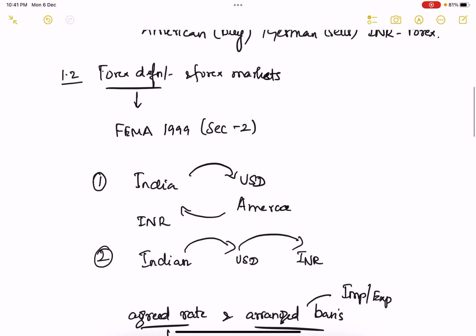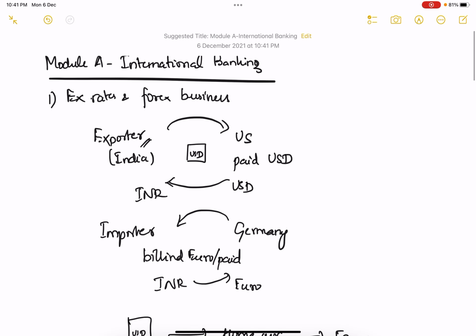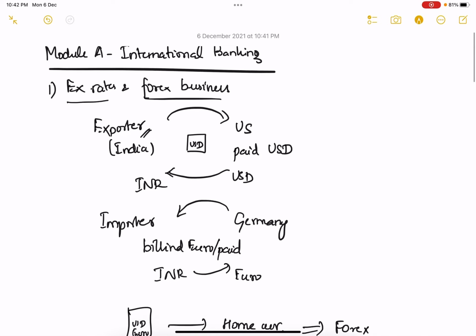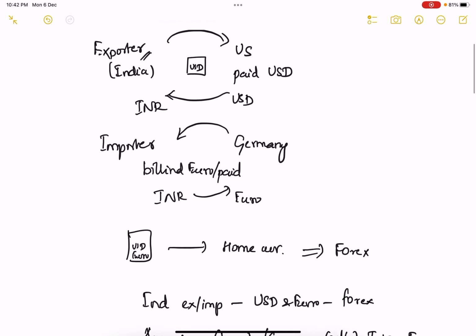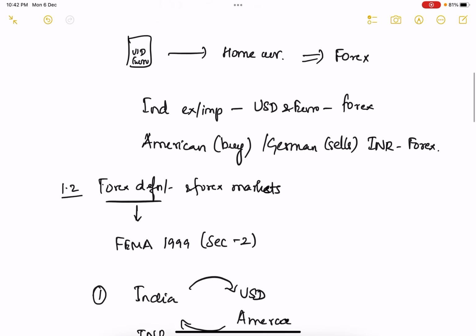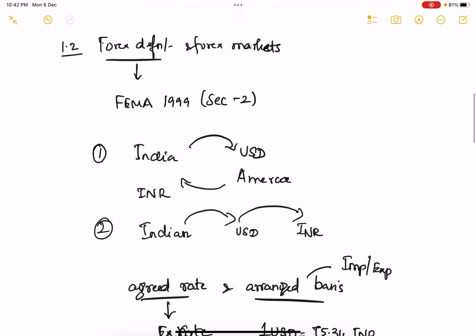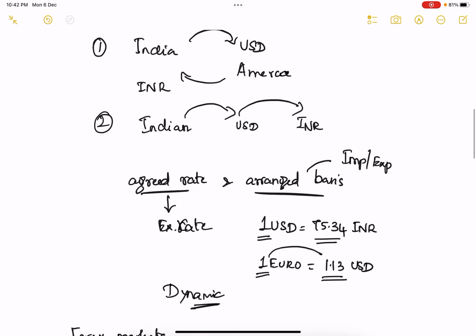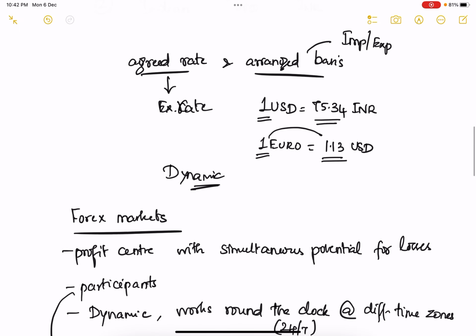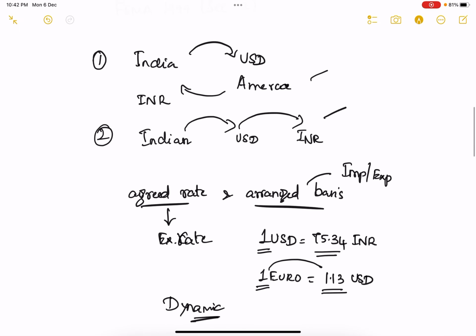So we'll have a quick review on what we have seen today. With respect to international banking, we are learning about exchange rates and forex business. The need for exchange of currency, being an importer and exporter, we have seen an example. And what is a foreign exchange definition? There are two definitions given in the book. You can refer the book and also these examples I've quoted here.